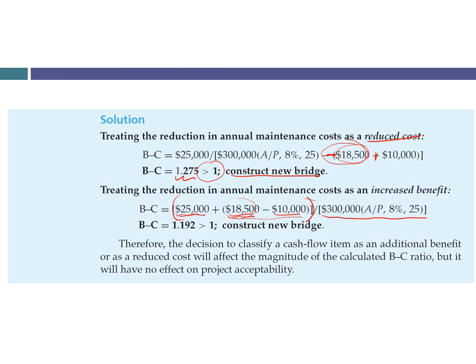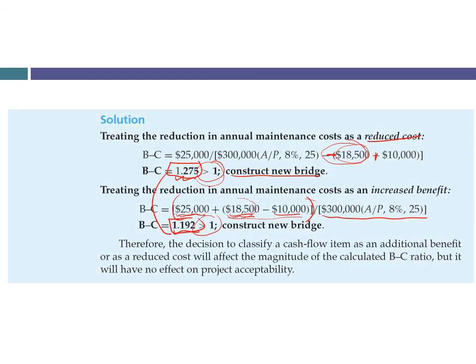And the only cost is the capital cost, and we find its annual worth. And as you can see, the numeric value is different than the previous one. But the final decision, both of them are greater than 1, and we accept this project. So you can use any one of these versions and you will obtain exactly the same answer.